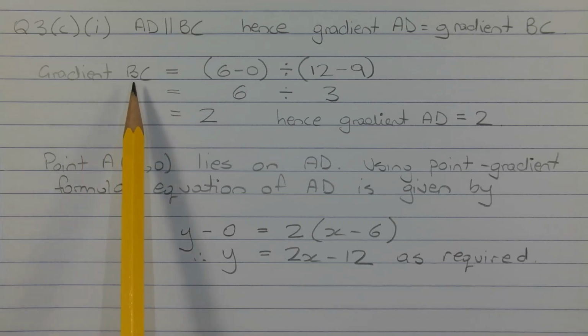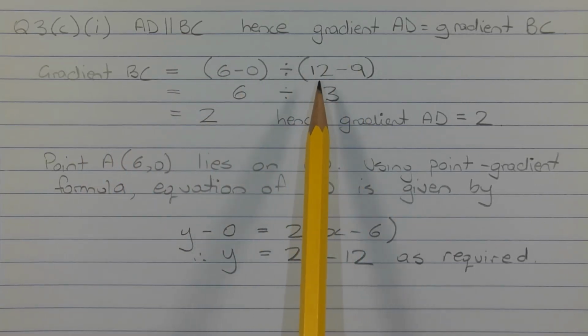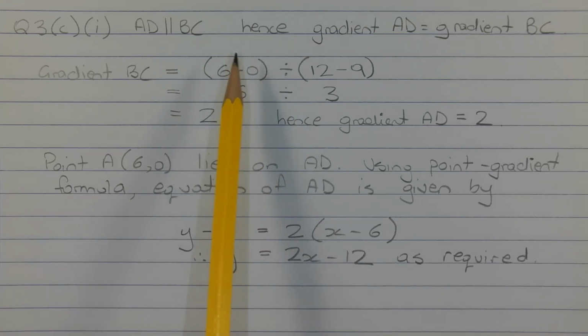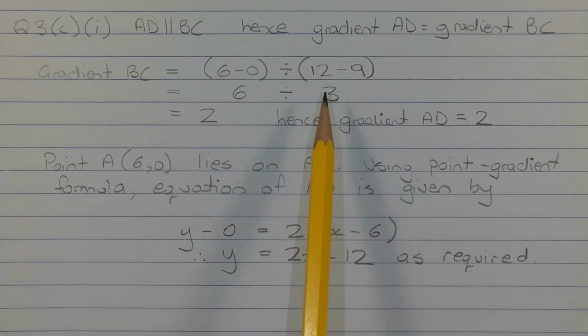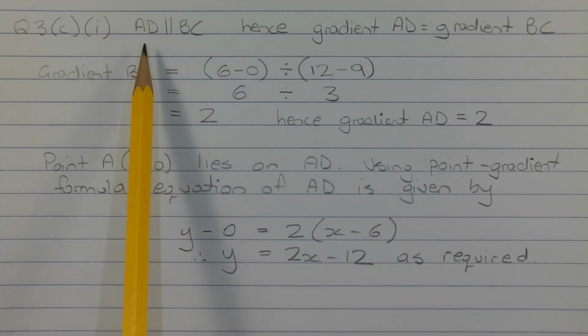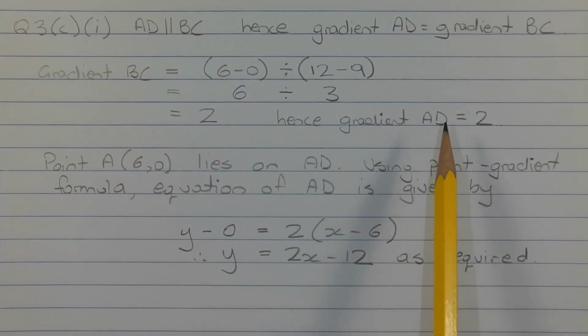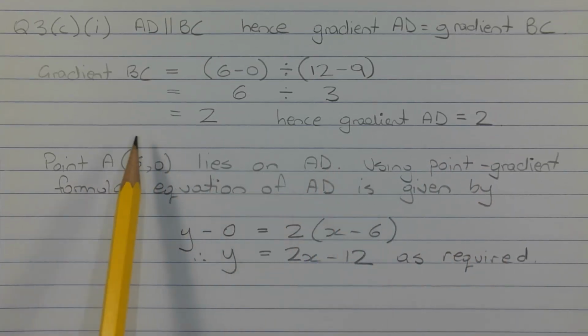Using the two-point formula, it's given by the change in y divided by the change in x. So (6 minus 0) divided by (12 minus 9) gives us 6 divided by 3, which equals 2. Now since AD is parallel to BC, the gradient of interval AD is equal to 2. Now the point A (6, 0) lies on AD, so that's our known point.